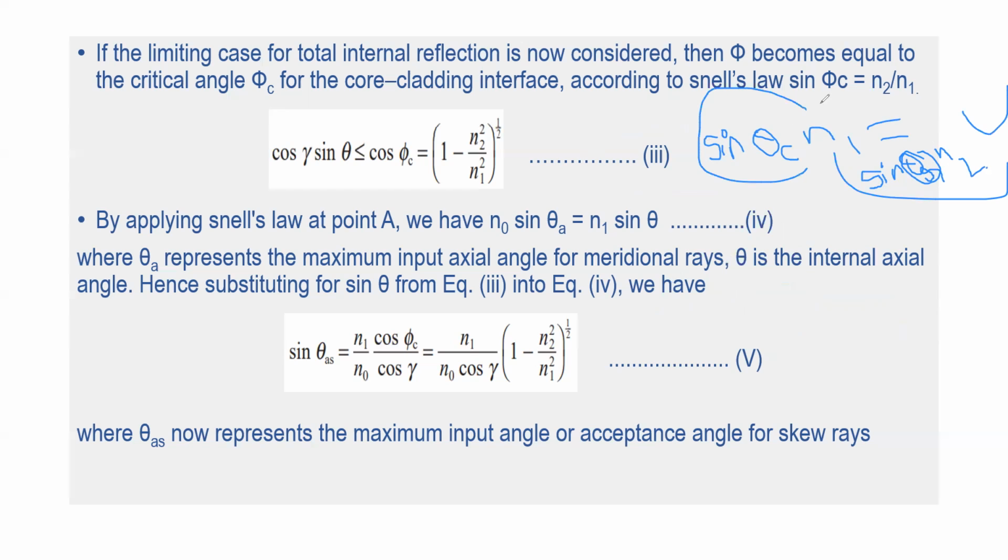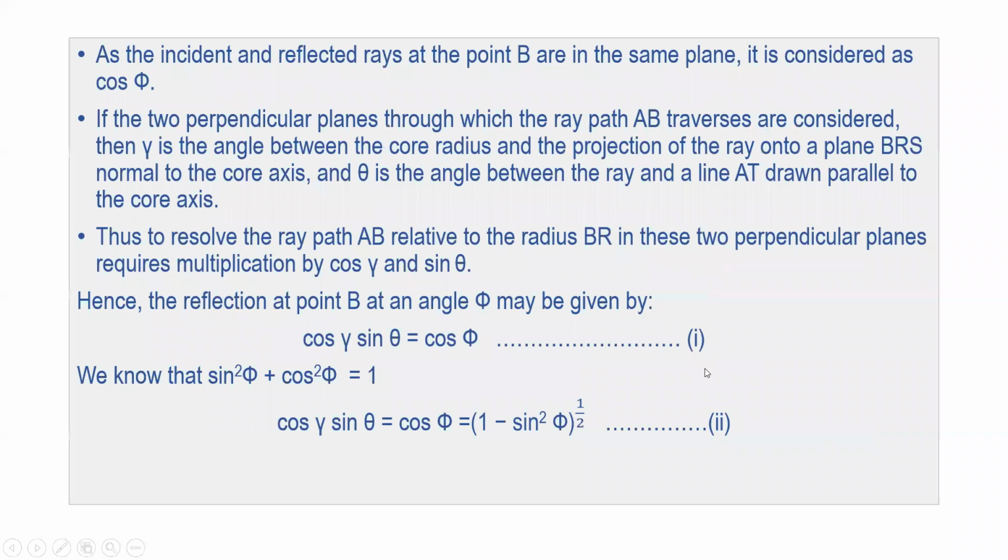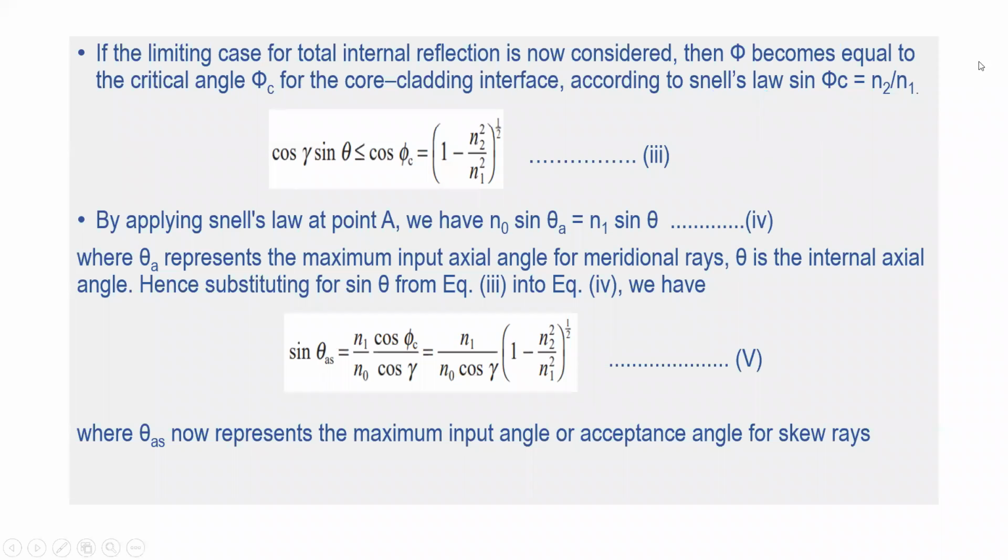Hence you have sine theta c equal to n2 by n1. Now coming to the previous formula, this became cos phi c. Instead of sin phi c, you write n2 by n1, replacing these values in the previous formula.